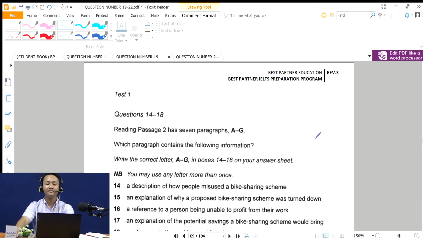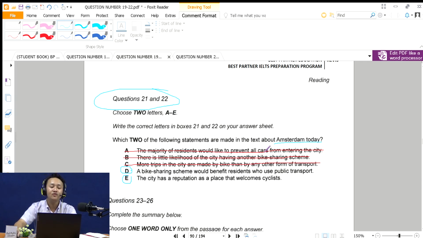Okay, now that's how you do the multiple choice questions. This is one of the most difficult question items in the IELTS reading test. That is why you have to understand what information you need to find first.